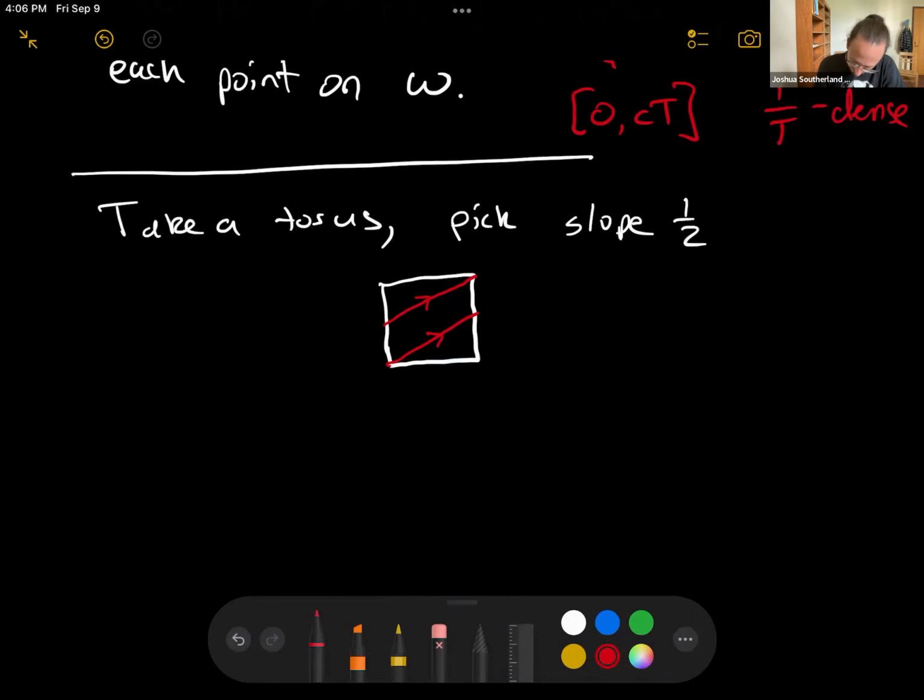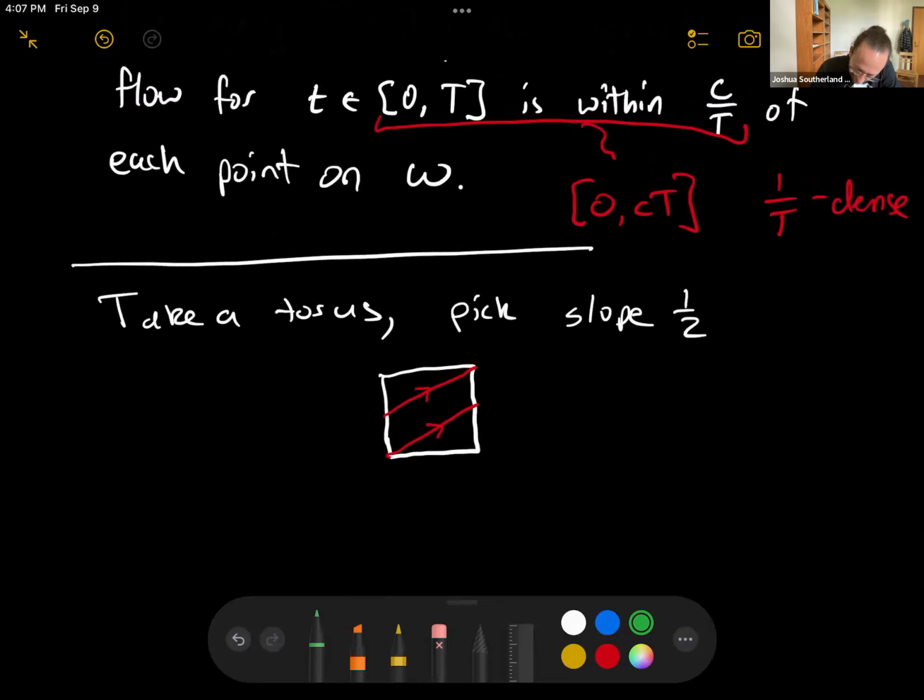Okay. So if this trajectory were super dense, then that would mean that I could find some c so that if I make a neighborhood around this trajectory, where the neighborhood has this c over T neighborhood around the trajectory, then I could do that for any T. So there is some constant where this would be possible.